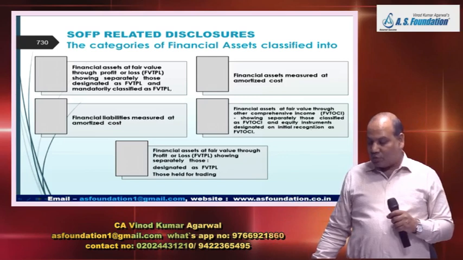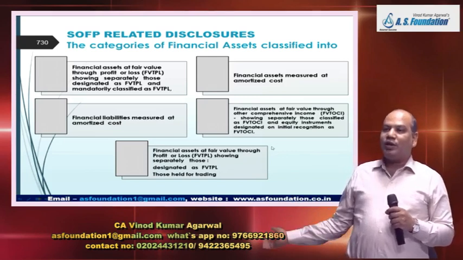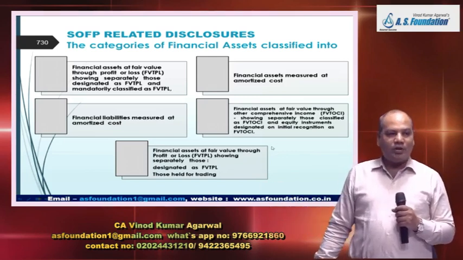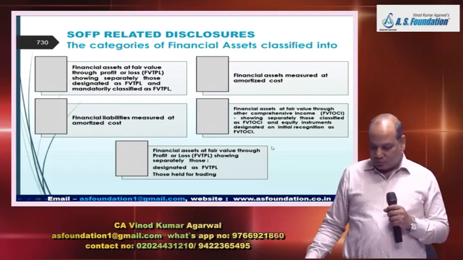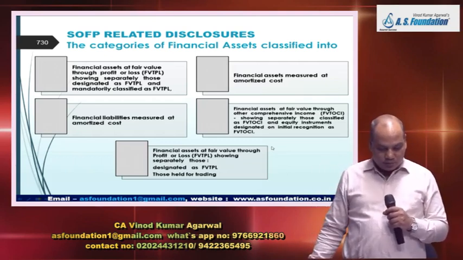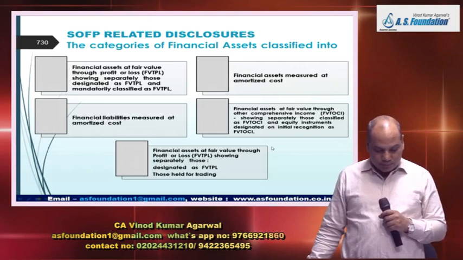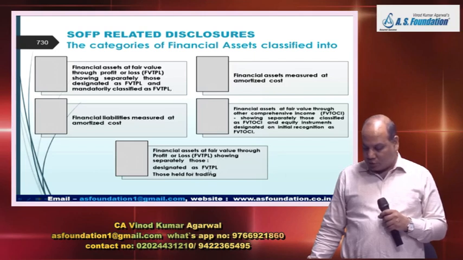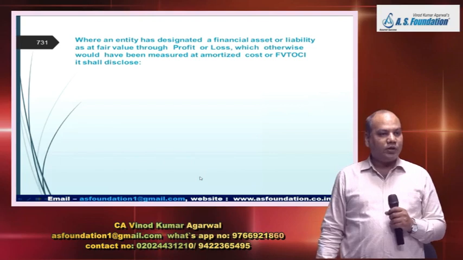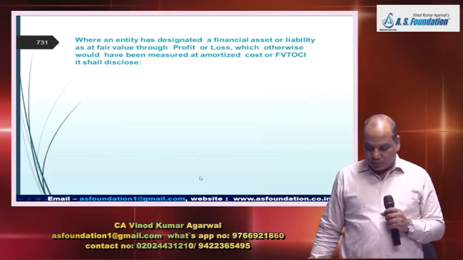But equity instruments are voluntarily designated by the management in FVT OCI. So you have to present them separately. And financial assets at FVTPL are shown separately, those which are designated as FVTPL and those which are held for trading. So this is about the classification of financial assets in the SOFP.